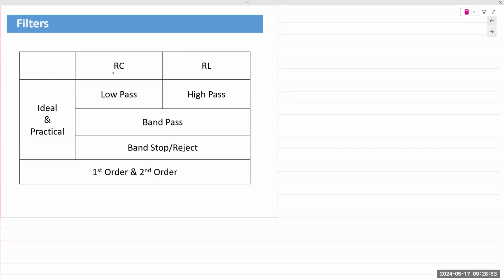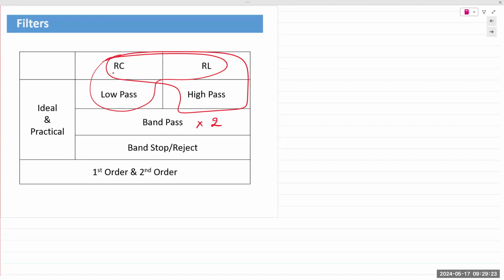So we're going to look at low pass filters created using both RC and RL. And then we're going to look at high pass filters using both RC and RL. So it's a 2x2 cross matrix. And then there are band pass and band reject filters. We will look at 2 band pass filters.